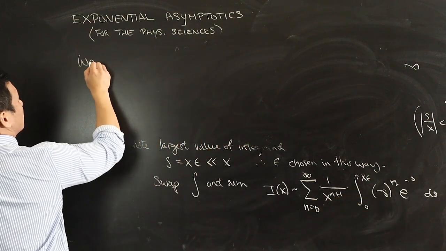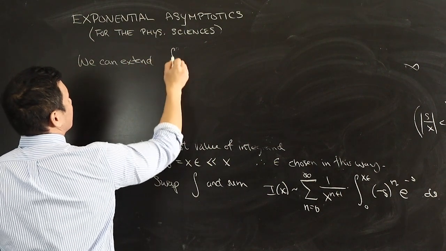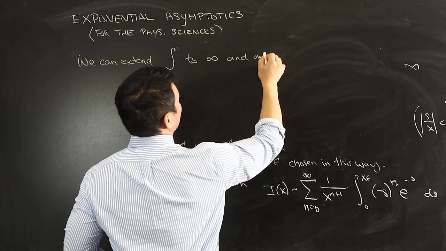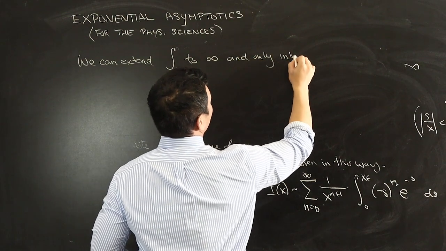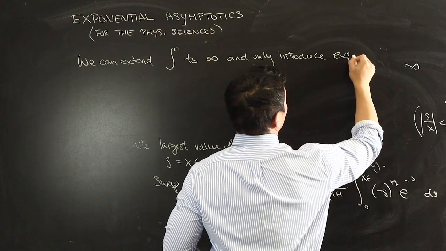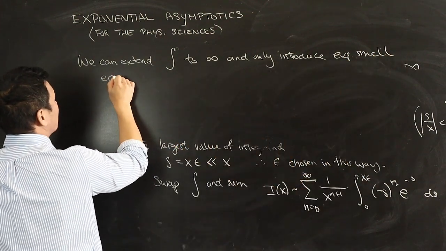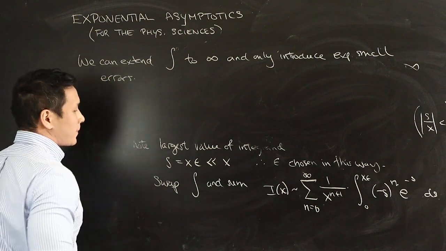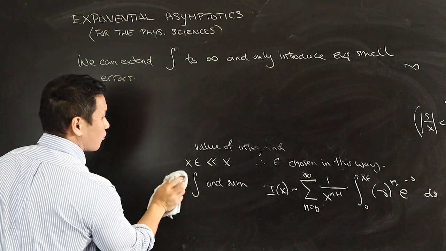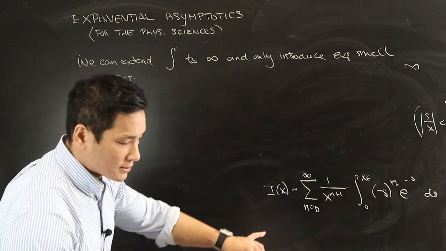So we can extend the integration to infinity and only introduce exponentially small errors. Okay, and so what we have to do is now just evaluate this integral.